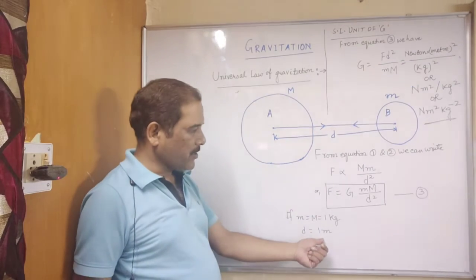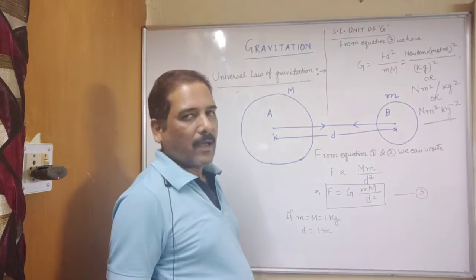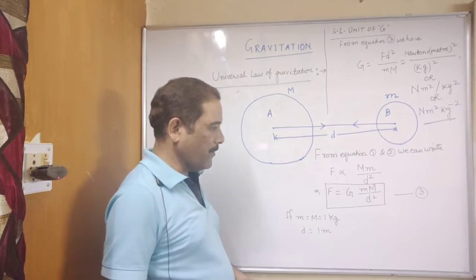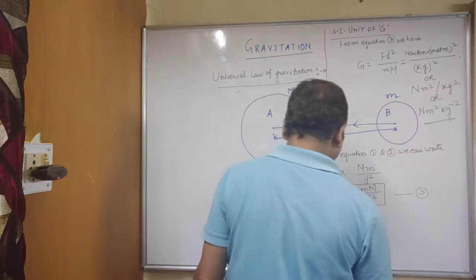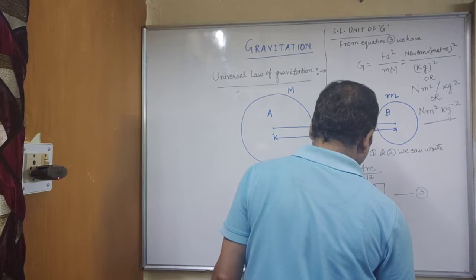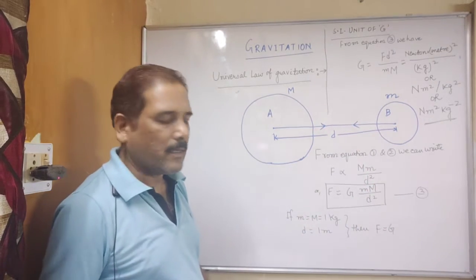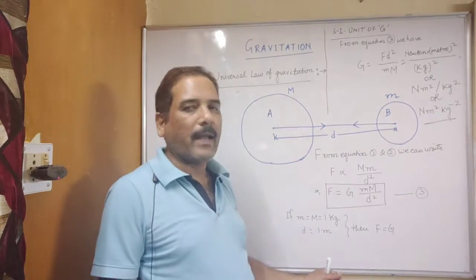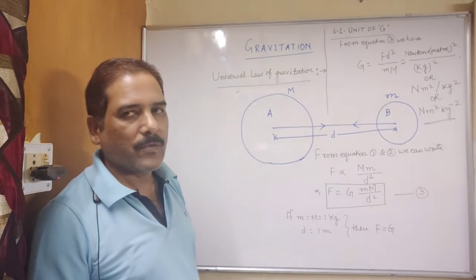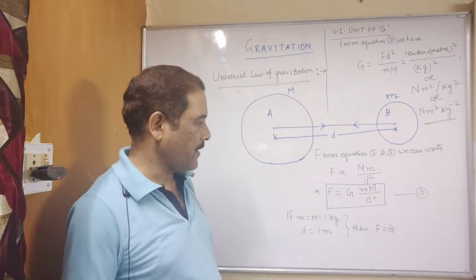If we substitute these values in equation 3, that masses are 1 kg each and distance between the masses is 1 meter, then F will be directly equal to G, isn't it? Then force of attraction will be equal to gravitational constant. So from this you can define gravitational constant.